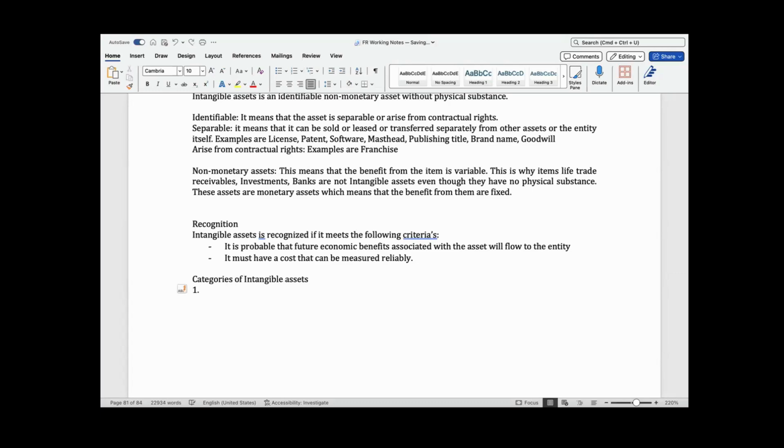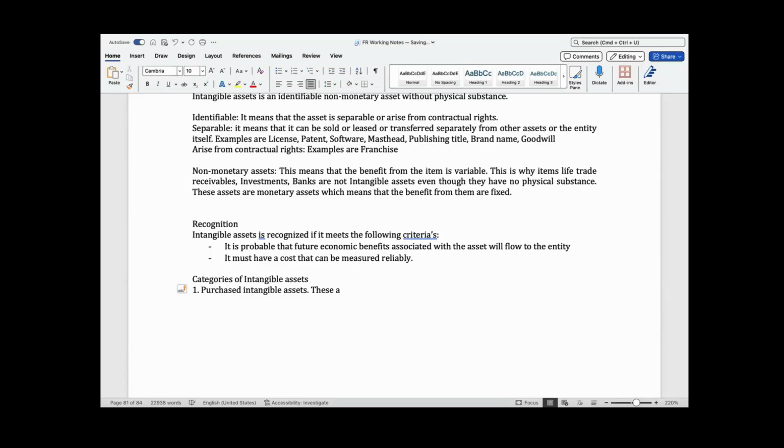So number one is purchased intangible assets. When you have a purchased intangible asset, this is an asset that you actually bought, that you acquired yourself, that you paid for.